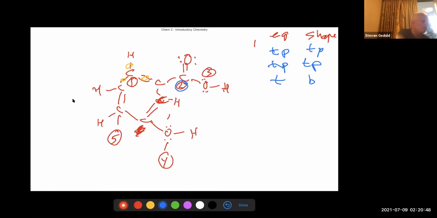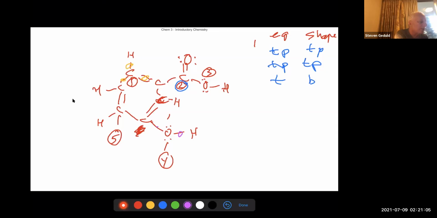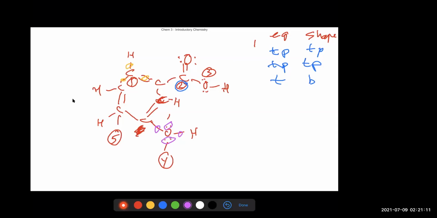Okay, number 4, electron geometry. That oxygen. Trigonal planar. You've got a group here, a group there, a group there. So 4 groups. 4 groups is what? Tetrahedral.